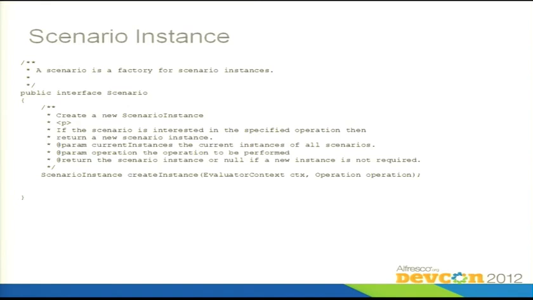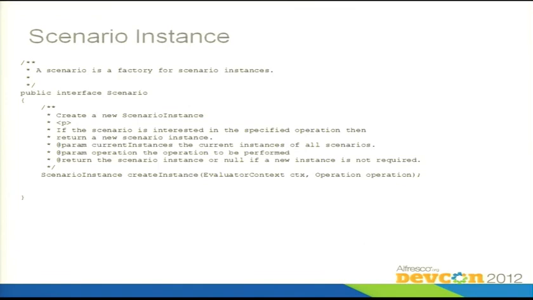We've got this scenario instance. The create shuffle was looking for files being created with a certain name. So all the create instance has to do is return an instance, and it's given some context, so we can store a bit of state in there.